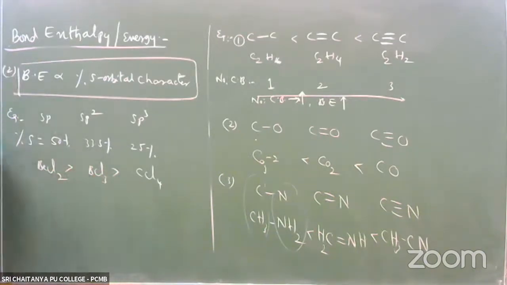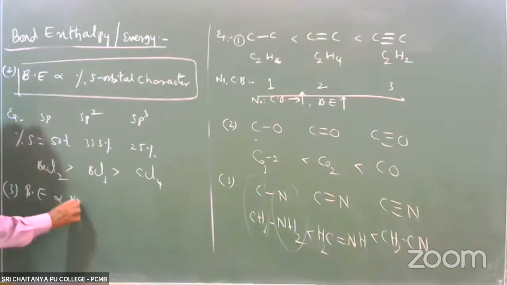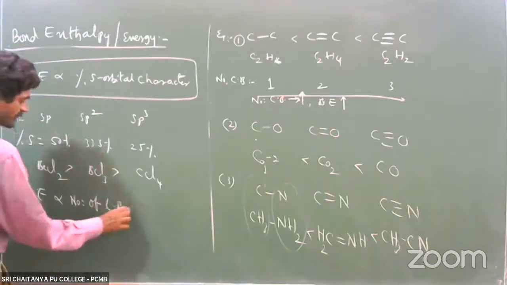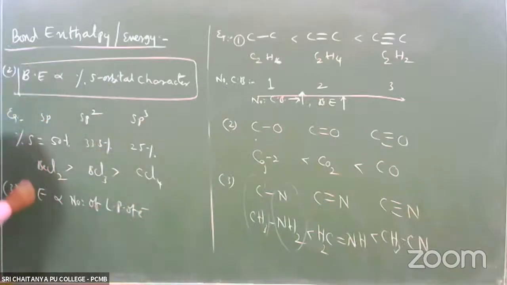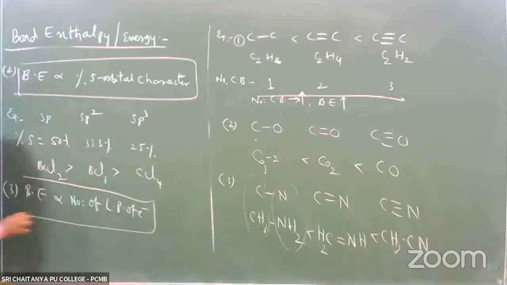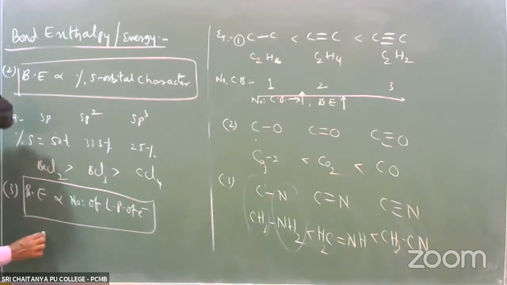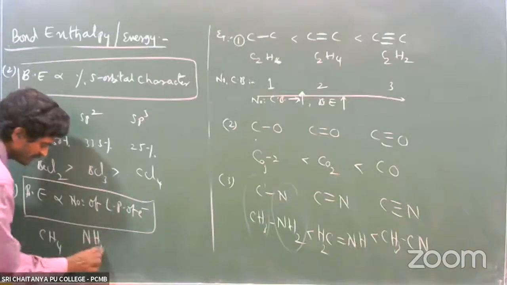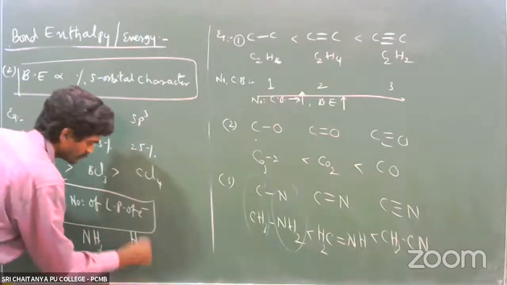Right? Next one. Another factor: bond energy is directly proportional to the number of lone pairs of electrons. Take, for example, CH4, NH3, and H2O.